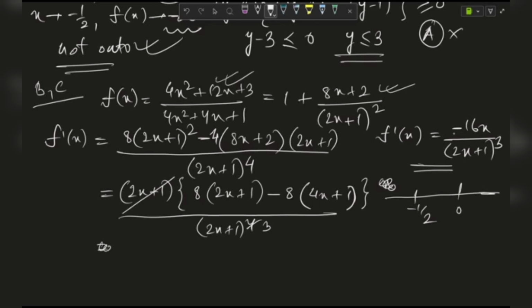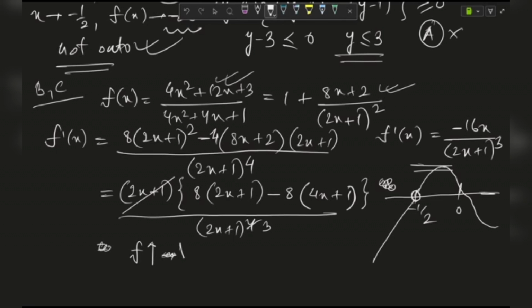I will try to draw the wavy. So basically we have minus on this side, so wavy will be like this. And 2x plus 1 is whole cubed, so if it is an odd power, it will change the sign. Now please note this minus half is excluded, okay? I'm putting an empty circle. It will go like this. So basically if we try to find out the increasing and decreasing intervals, we can say f upward arrow means increasing.